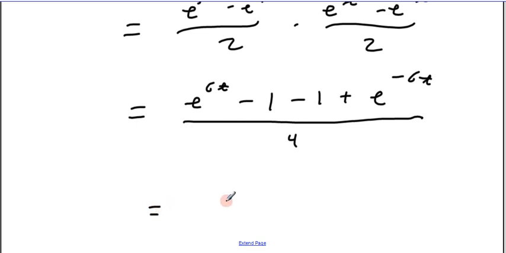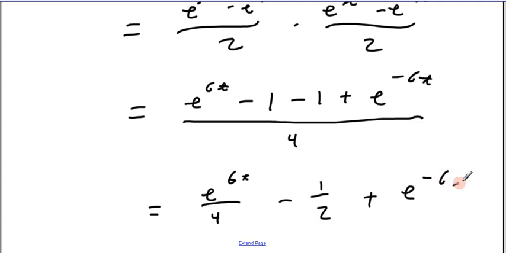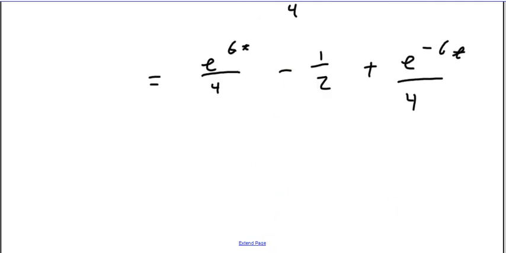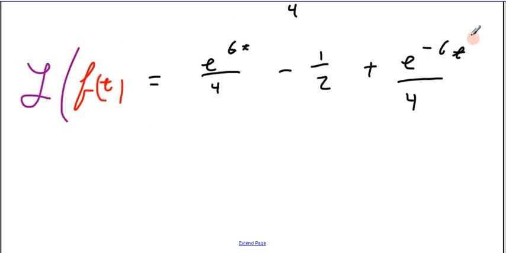Okay, that seems great. I've got e to the 6t over 4 minus a half plus e to the minus 6t over 4. Now this is my f of t, so I'm going to take the Laplace transform of that.